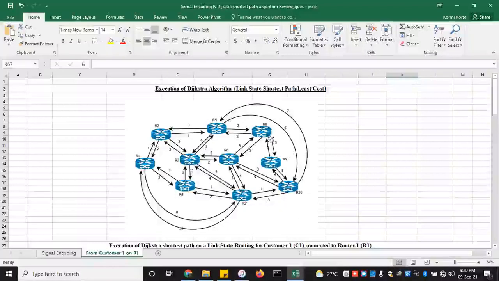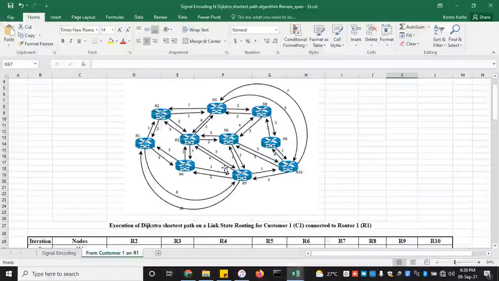So here I've come up with a nested network of about 10 routers or 10 nodes with various interconnecting paths and path costs, or route costs.